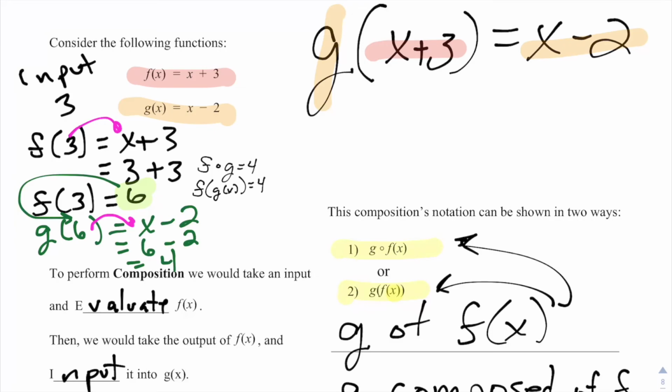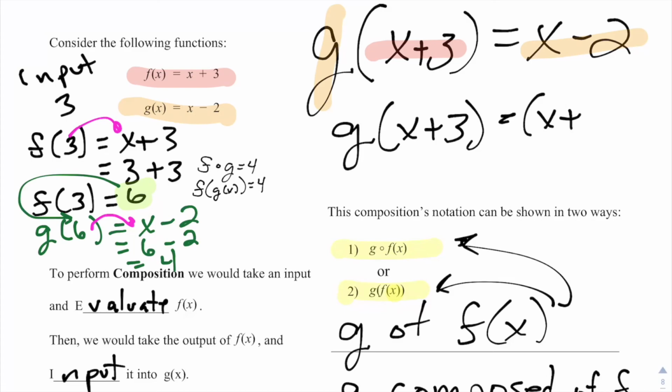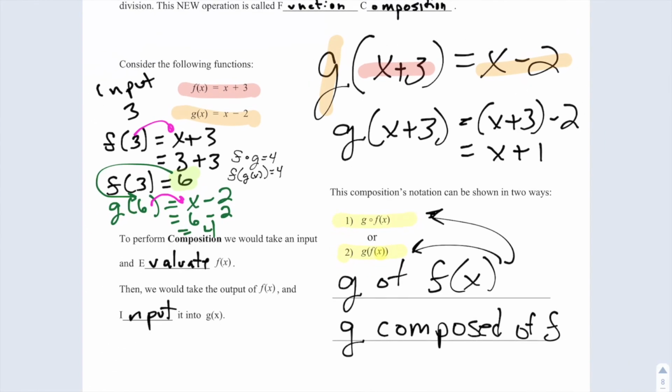And we're going to compose that. g composed of f of x is equal to x plus 3 minus 2, which we can combine the like terms and get x plus 1. And that is what we would get if we're doing function composition.